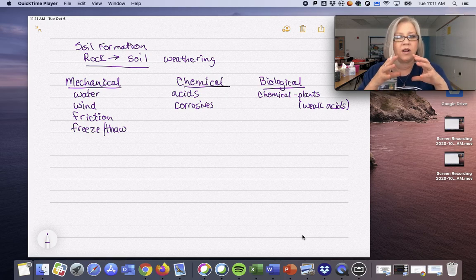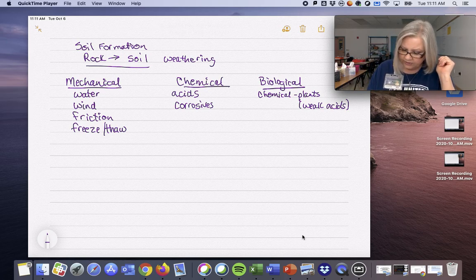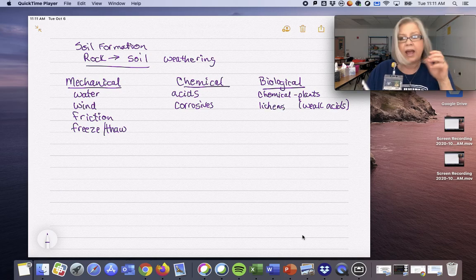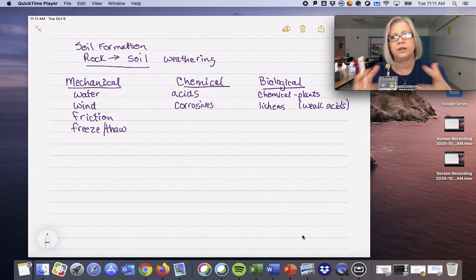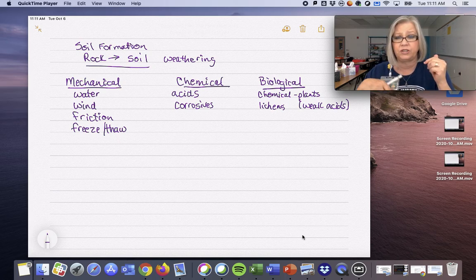If you've ever walked around and seen a rock covered in usually gray, green, sometimes orangey or black, those are living things on top of the rocks. These lichens can grab hold of the rock and then start to secrete an acid that begins to break those rocks apart. We talked about this when we talked about ecological succession.